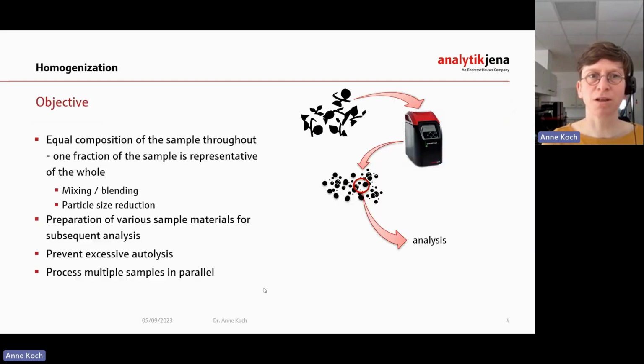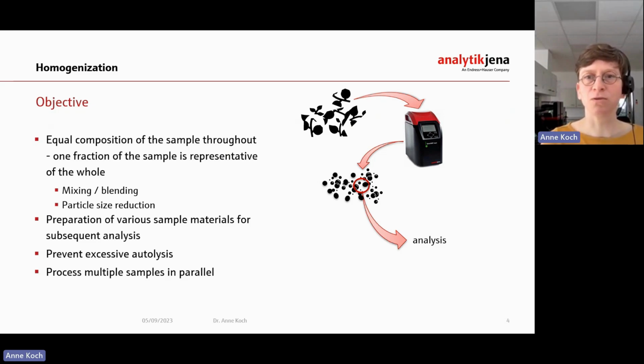So for the homogenization, as I said before, the objective is, of course, to have a homogeneous sample. That means if you take one fraction of your sample, this will be representative of the whole sample. This process is used for various analysis methods, not only for the qPCR preparation.